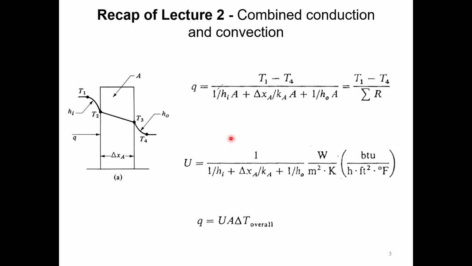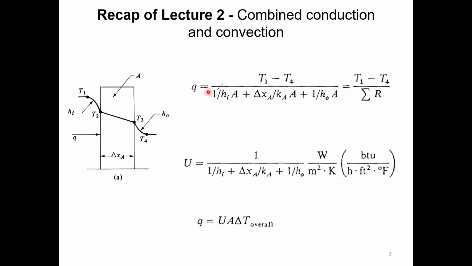Irrespective of how heat transfer happens in series, we learned that the rate of heat transfer would be equal to the overall temperature difference divided by the summation of resistances. This was the case where you have a flat wall through which heat transfer is happening via conduction, and on either side of it there is a fluid, and the heat transfer is happening via convection on both sides.